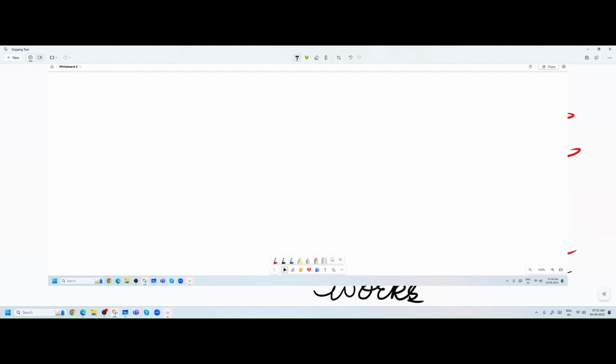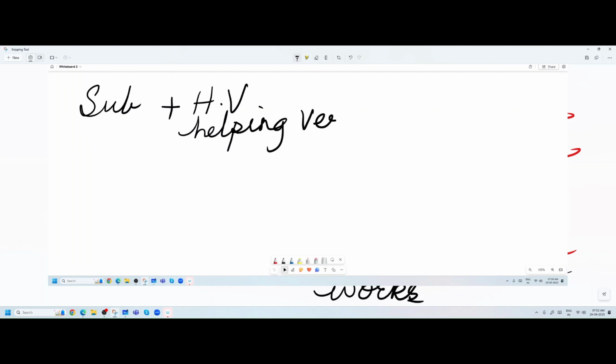Now, suppose I want to make a negative sentence. How do I make a negative sentence? So let's look at it. I have a subject over here. I need a helping verb to make the sentence negative. Now, what is this helping verb I'm talking about? Helping verb is something which adds support to the sentence.